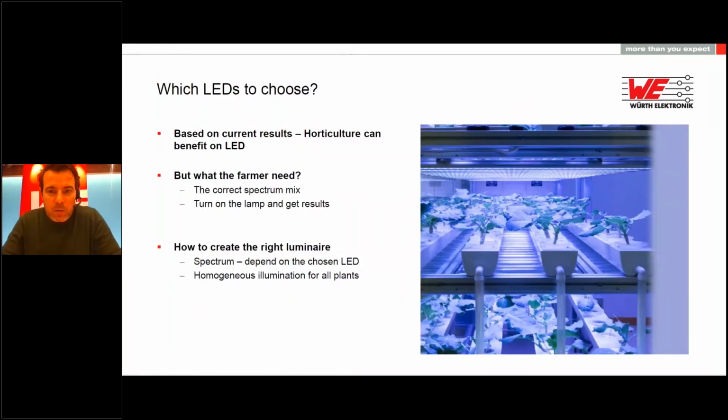But what else can we do, not only looking at the plants and which spectrum they have. As we see, spectrum makes a difference, but nobody is willing to play with it and see that it's working. What people need is a solution that will be turned on and work automatically.